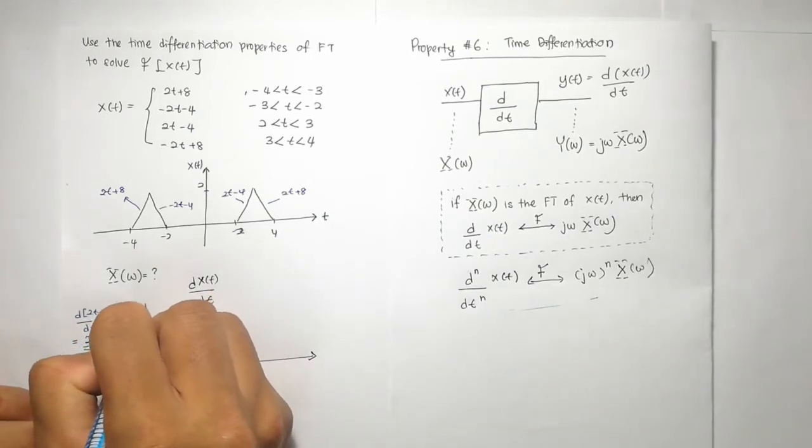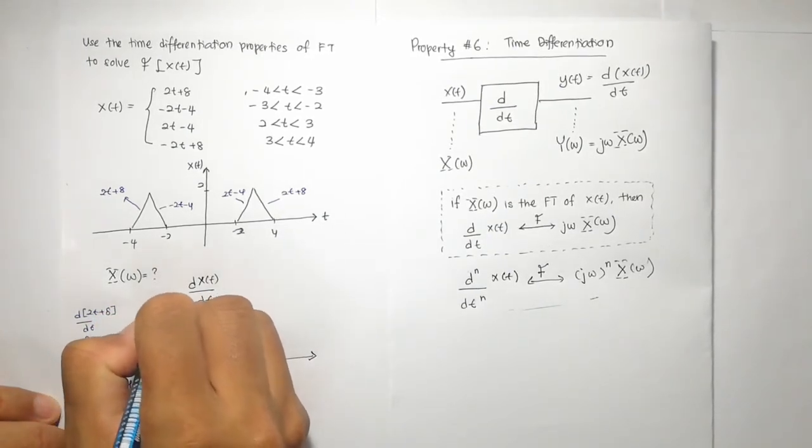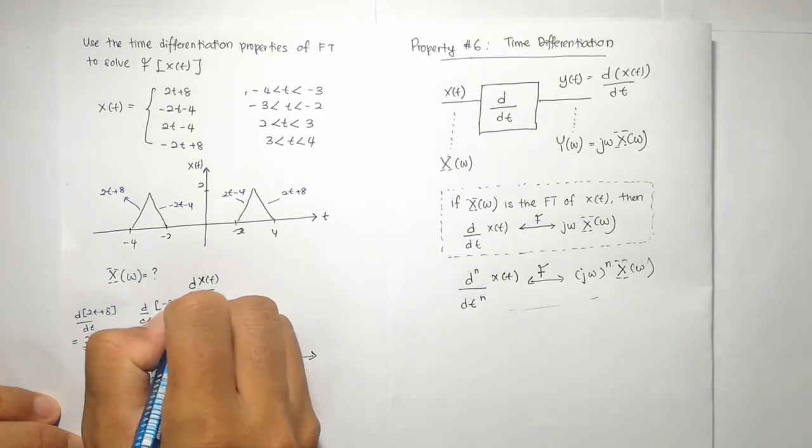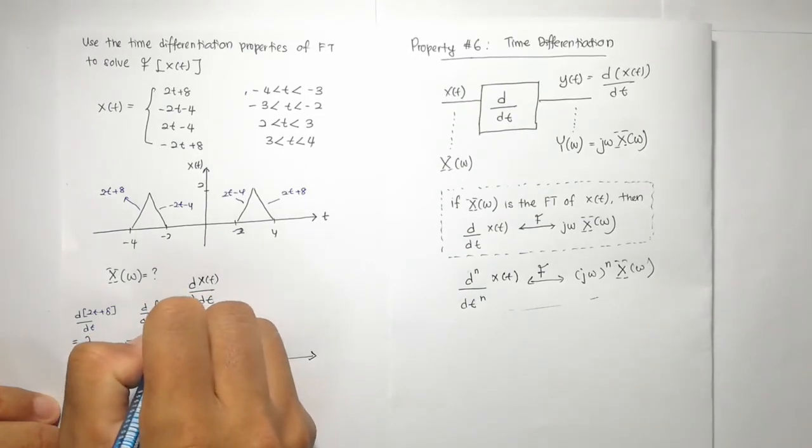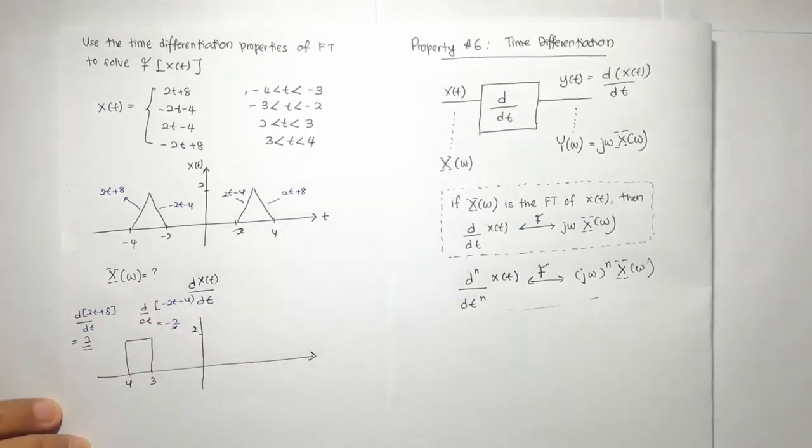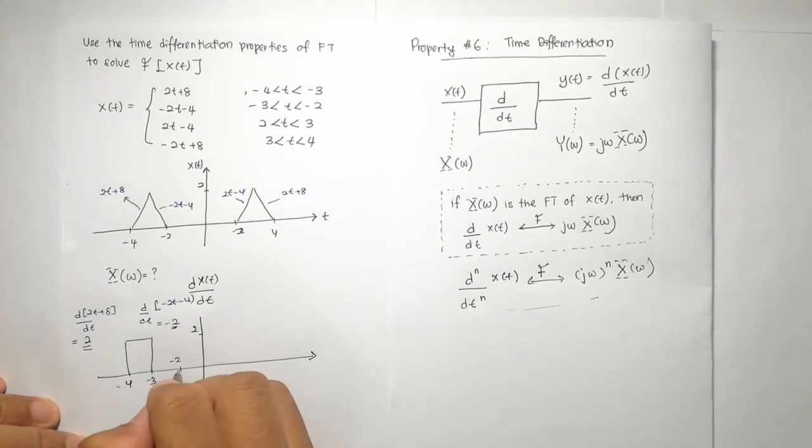So the differentiation of negative 2t minus 4 will be equal to negative 2. We can draw this from negative 3 to negative 2, and this will give us a value of negative 2.